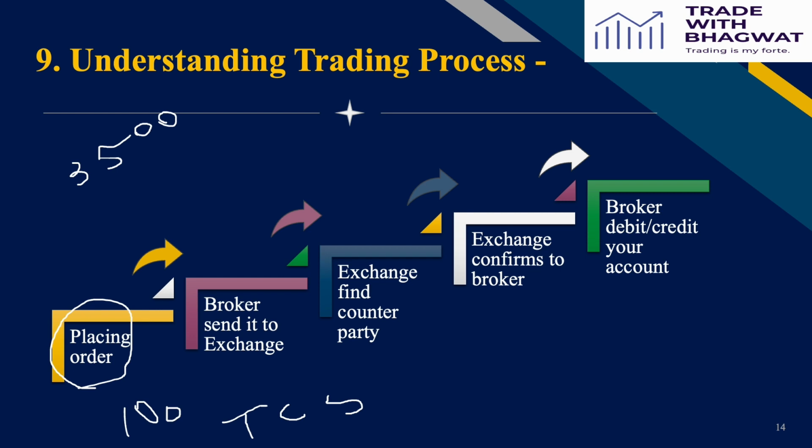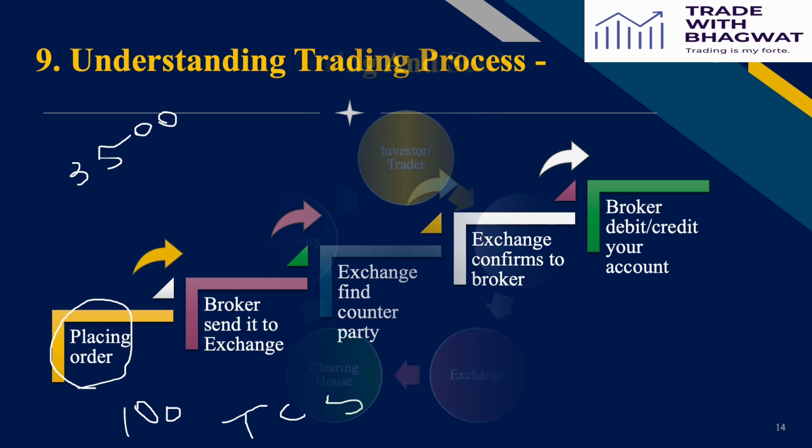If they want to sell at 3,500 and the price matches, then the exchange confirms to the broker, and the broker debits or credits your account. If we buy, it's a debit, and if we sell, it's a credit. So this is how it works.